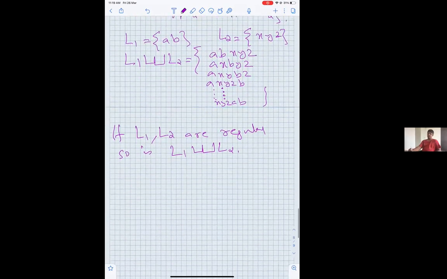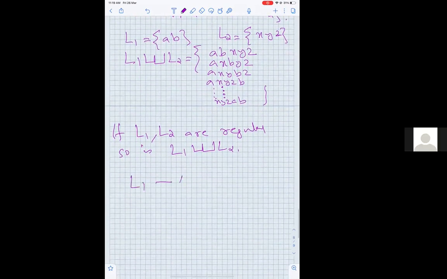So basically, for L1 I get an automaton A1, and for L2 I get an automaton A2. I take the product automaton Q1 cross Q2.